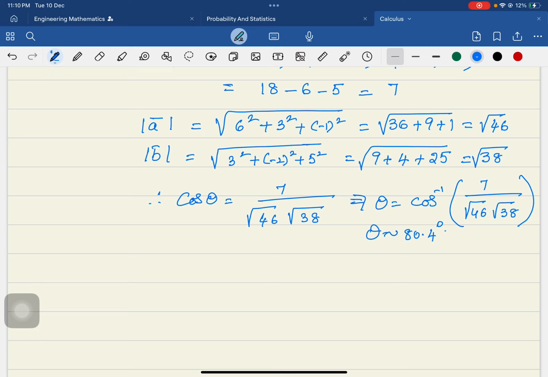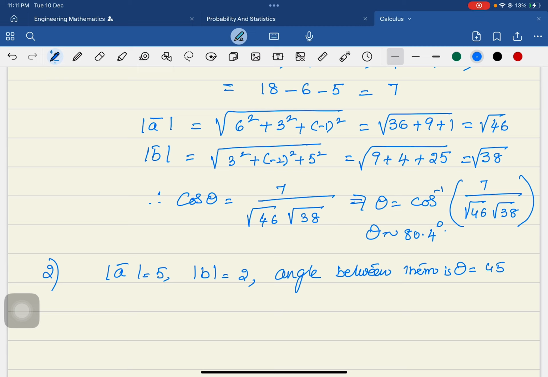So the next question is on this angle only. Let us see, suppose mod A is given as 5 units and mod B is given as 2 units, and the angle between them is theta, which is 45 degrees.